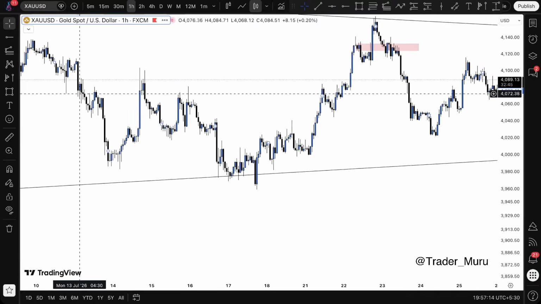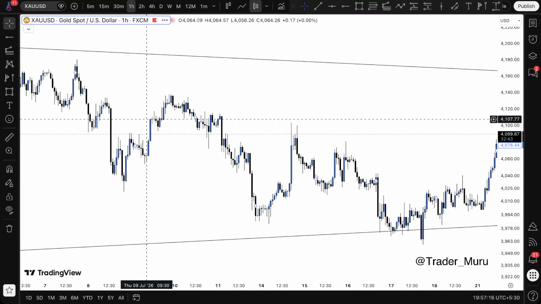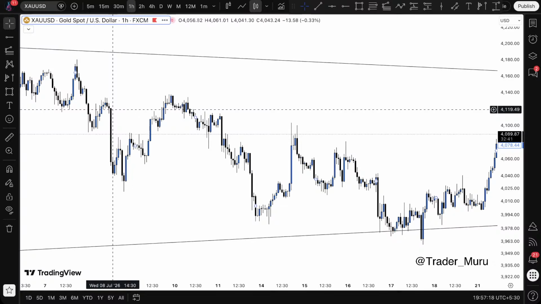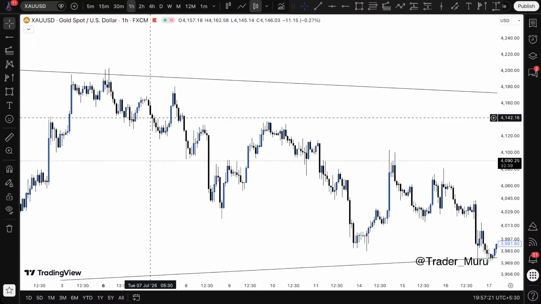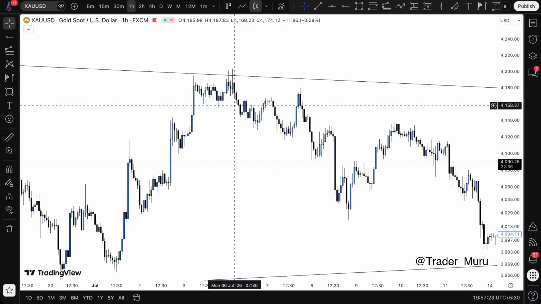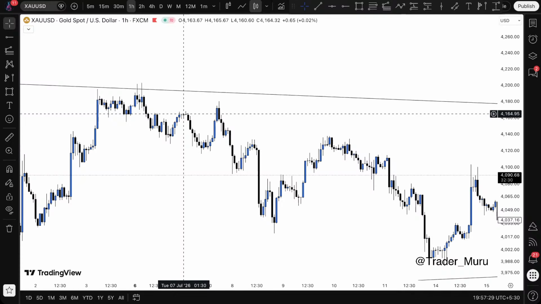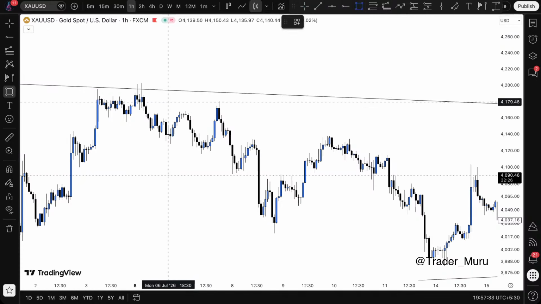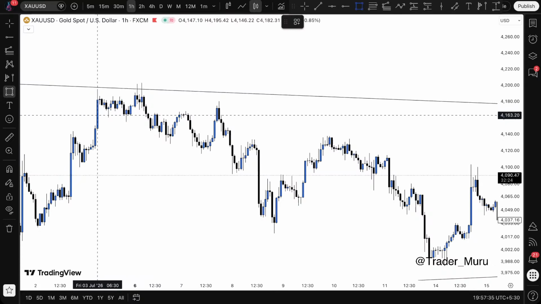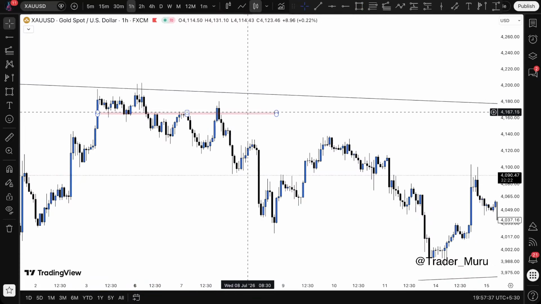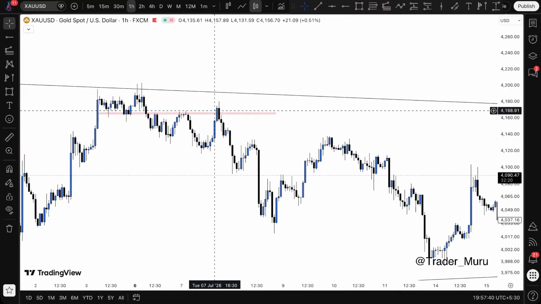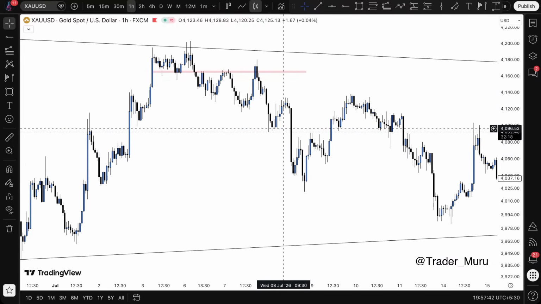If I can give you more examples, see how liquidity works. It will make people think it is bullish, then it continues again.